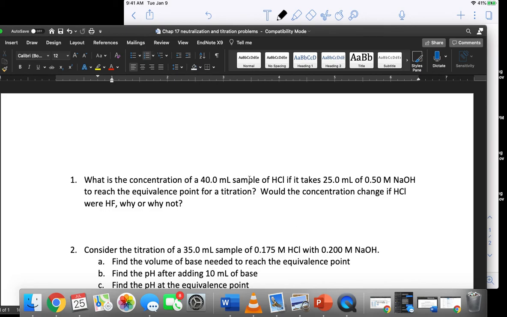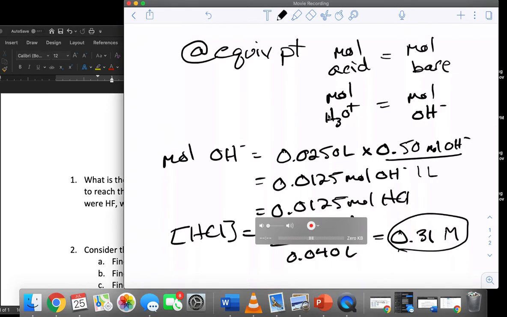Now, the second part of this question asks, would the concentration change if HCl were HF, and why or why not? The big difference there is that HCl is a strong acid, and HF is weak. But the reality is your equivalence point, if we think about its definition, is just when our moles of acid and base are equal, or moles of H3O+ and OH- are equal. Nothing in here has any effect on whether things are strong or weak.